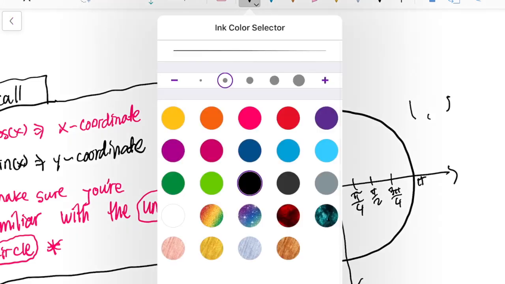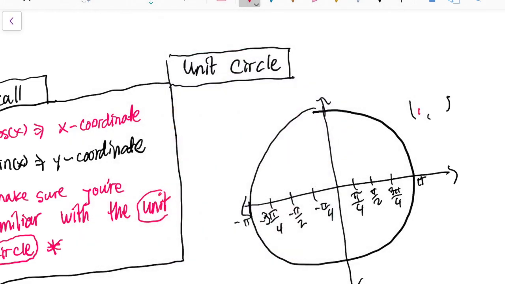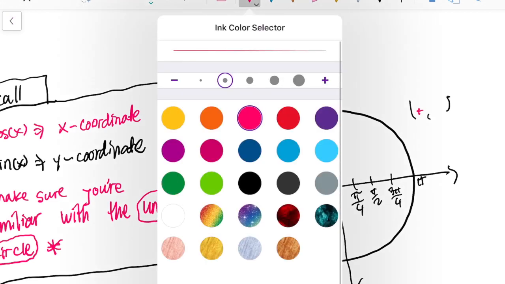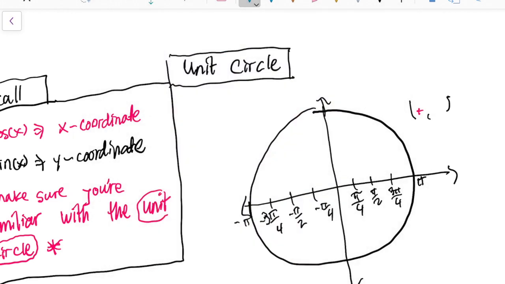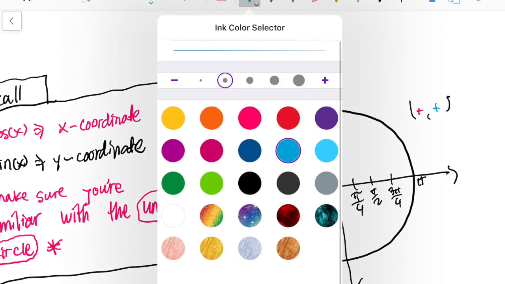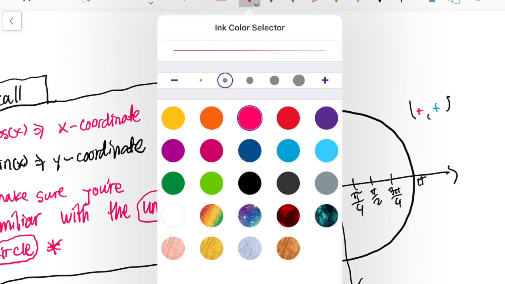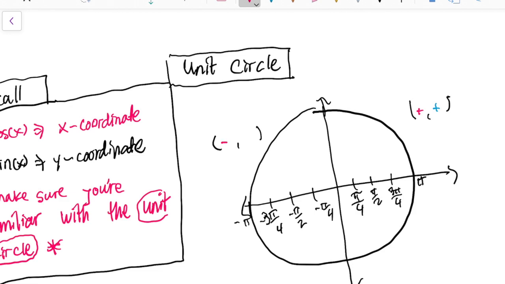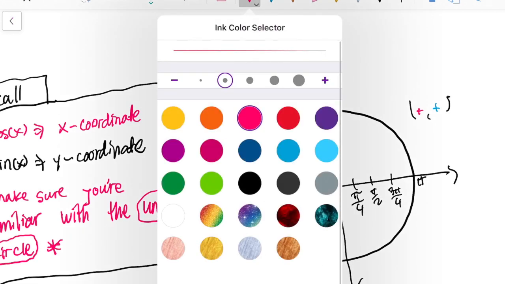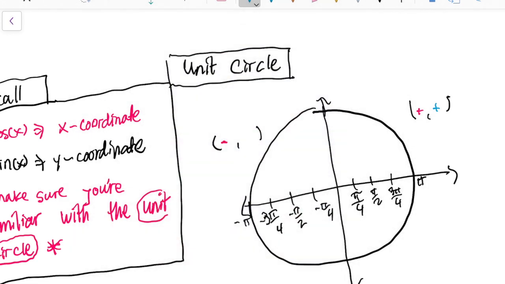Okay, recall that the points that you will be seeing here are positive and positive. And the points that you will be seeing down on the second quadrant would be negative and a positive.